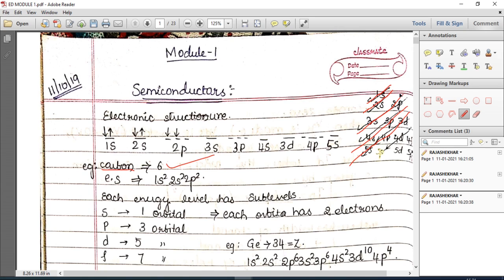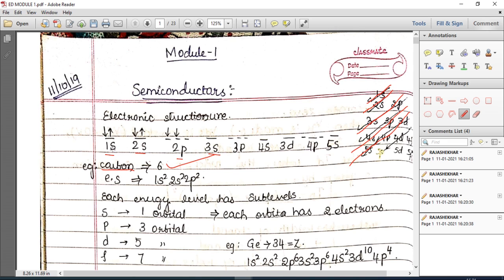I hope you guys remember this. Each orbit, like 1s is the first orbit, 2s is the second orbit, 2p is the third, 3s is the fourth. I have written this based on what you have done right now: 1s, 2s, 2p, 3s.